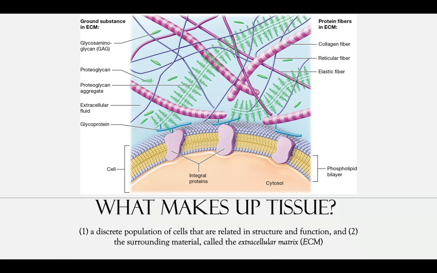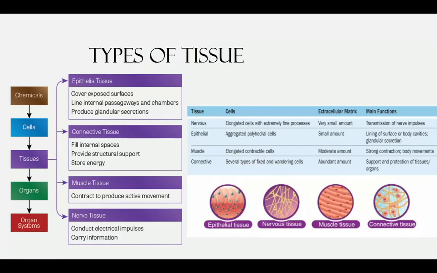So, there are 4 different types of tissues. Okay? So, remember, we have that organization, the chemical level, to the cells, to the tissues, and that's where we are right now. Okay? Eventually, we will get into the organs that make up the organ systems, but right now we got to talk about the tissues. So, again, there are 4 different types of tissue.